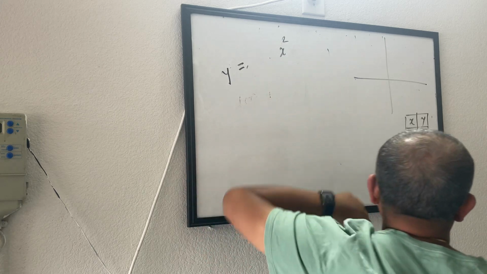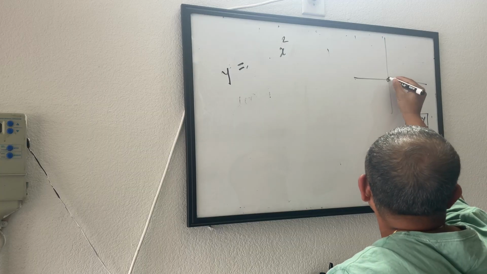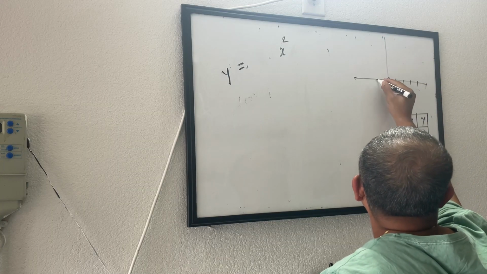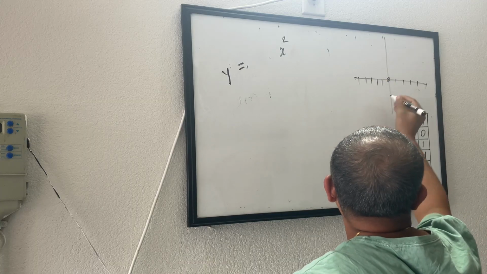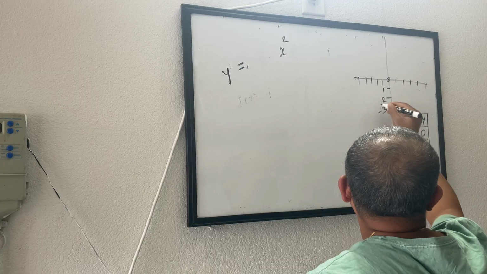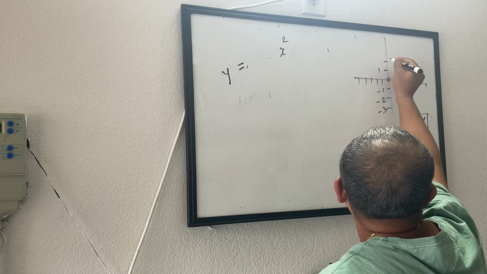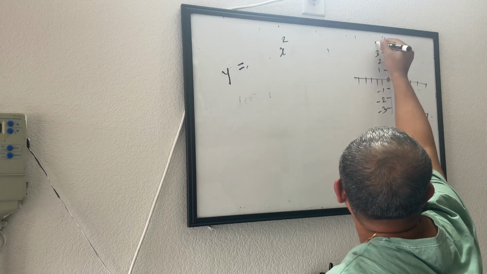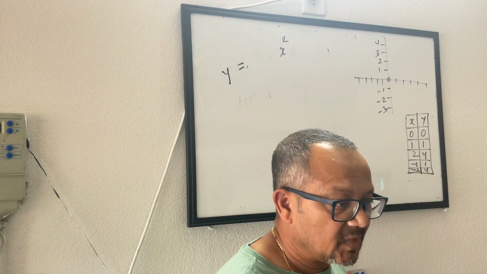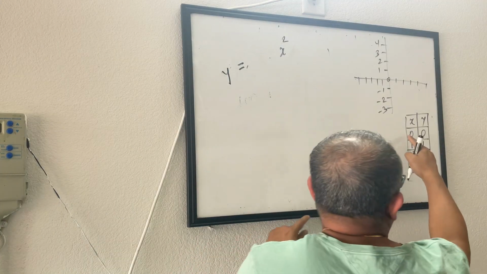Let me try plotting it. 0, 0 is this point. 1, 2, 3, 4, 5. Minus 1, minus 2, minus 3, minus 4, minus 5. So the first point is 0, 0.